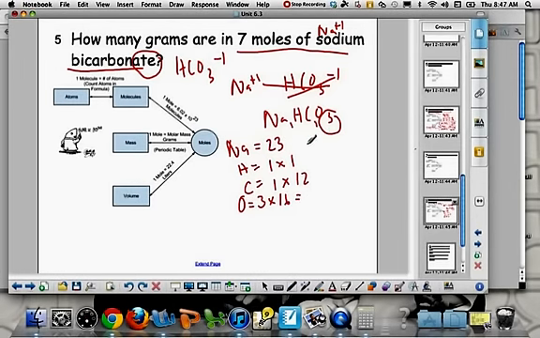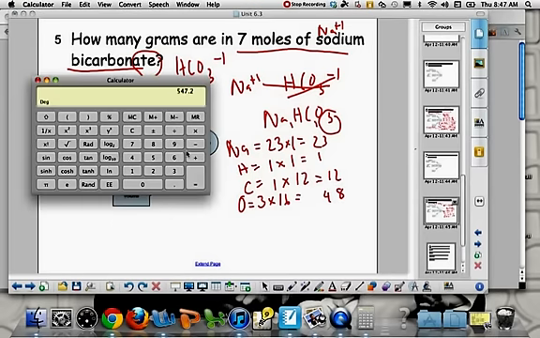Let's do this, right? There's 1 sodium atom here, so that's 23 for my total formula. 1 times 1 is 1. I got 1 times 12, that's 12, and I have 3 times my 16, which is 48. Let's add these together to figure out what 1 mole of sodium bicarbonate equals, so that we can figure out how many grams are in 7 moles.